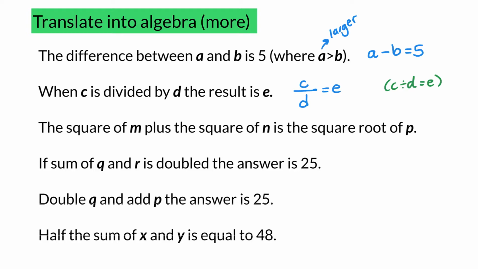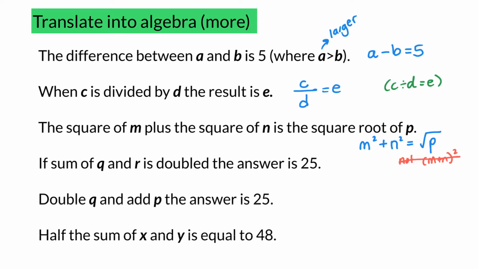The next sentence says, the square of m plus the square of n is the square root of p. So the square of m, m squared, plus the square of n, n squared, is the square root of p. Note that this is very different to m plus n all squared. That's not what I'm doing.